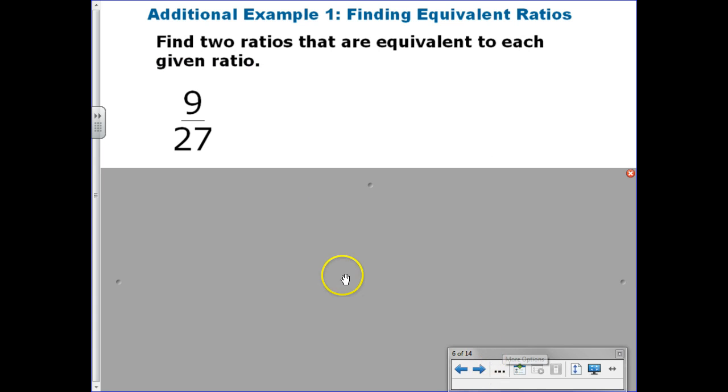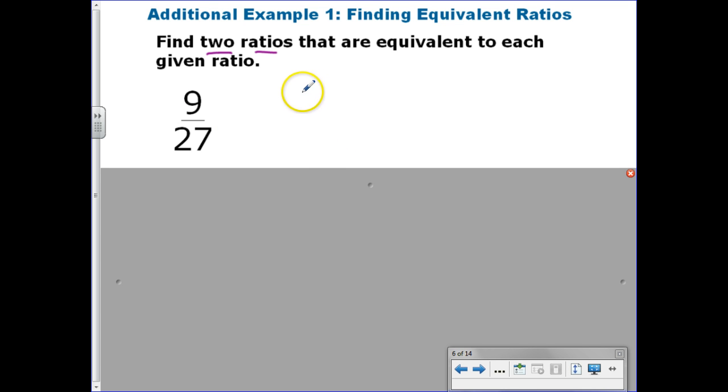Well, here's something that you'll probably have to do in your assignment today. The directions say find 2 ratios that are equivalent to this ratio. So here's 9/27. Nice little fraction. Can you give me 2 more that are equal to that?